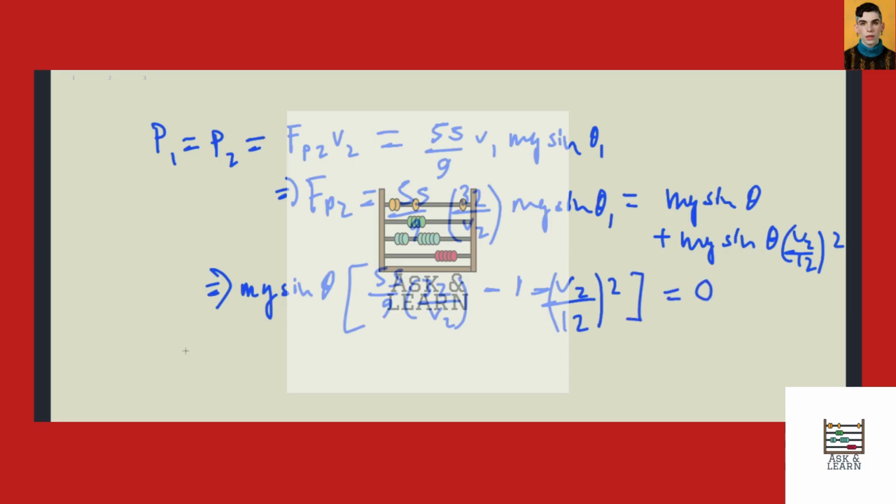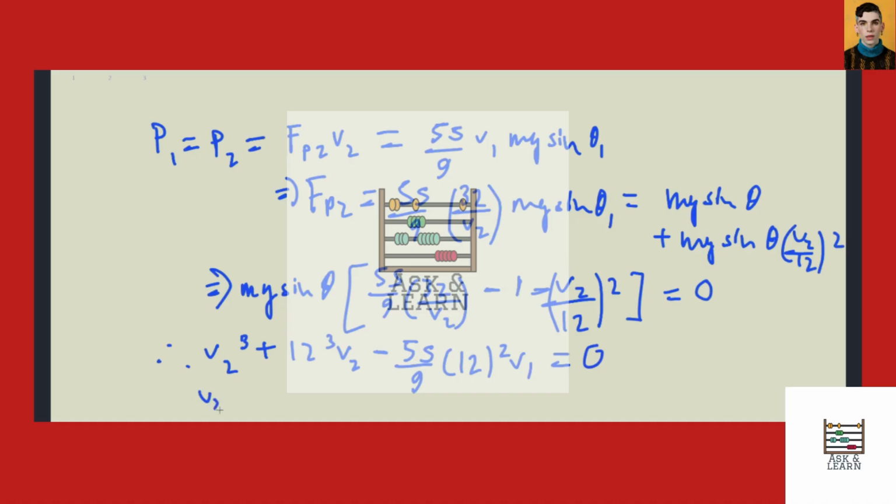So what we're left with is the following equation: V2 cubed plus 12 squared V2 minus 55 over 9 times 12 squared V1 is equal to 0.